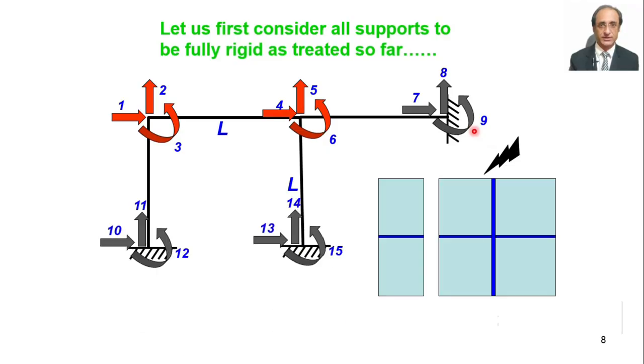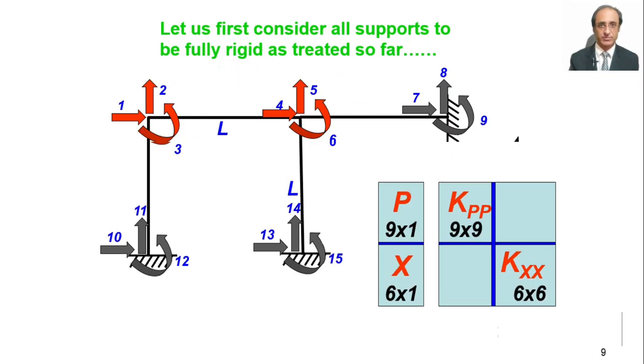That means we have KTS 15 by 15, out of which KPP will be 6 by 6. The partition of the load vector P and the reactions X, and the partition of the matrix KTS into KPP, KPX, KXP and KXX would be at row 6. So the load vector would be 6 by 1 and the reaction vector would be 9 by 1. This we are very familiar with.